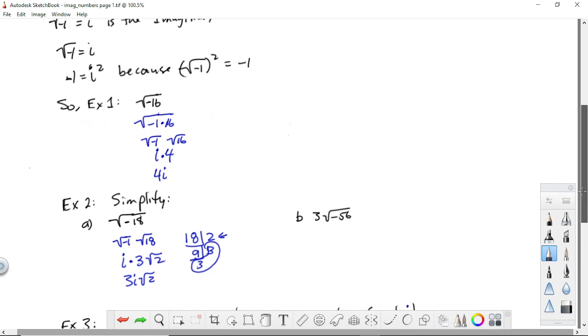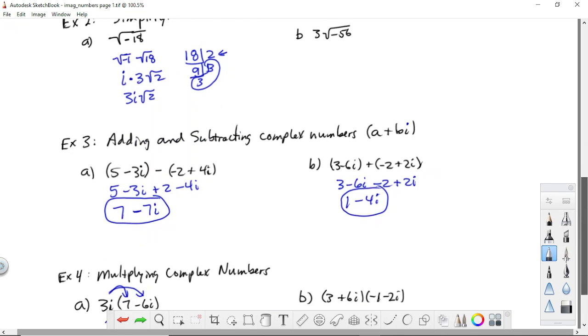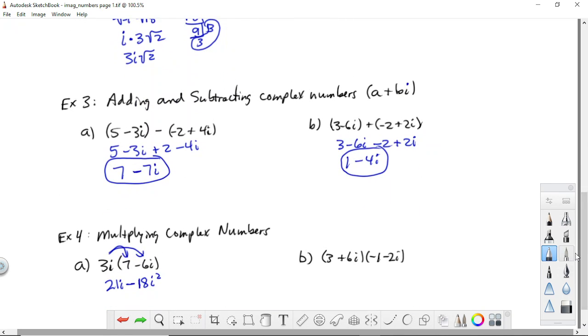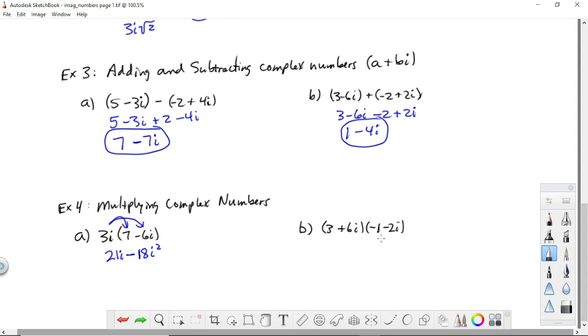So this is 21i minus 18, but that i squared is negative 1. So that's 21i, and this is plus 18 here, right?